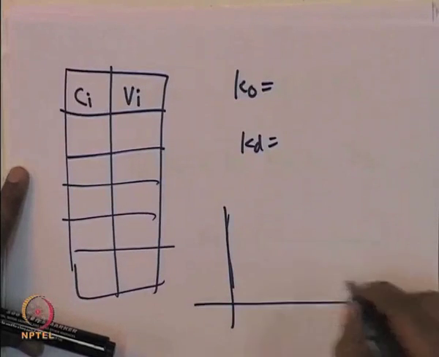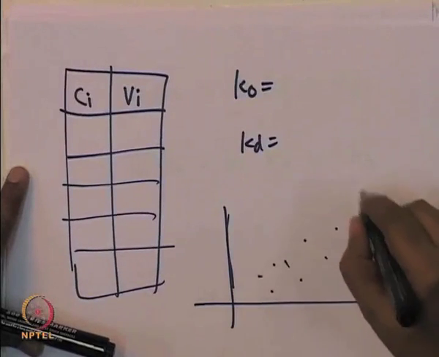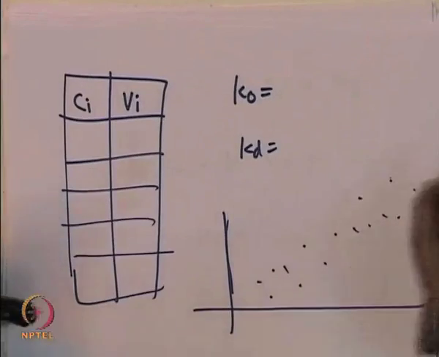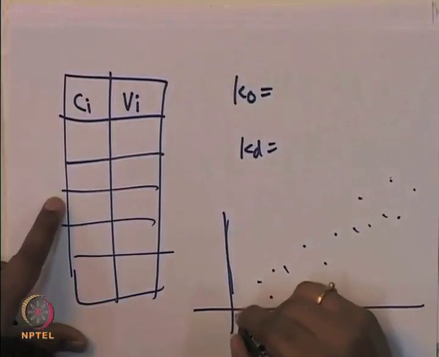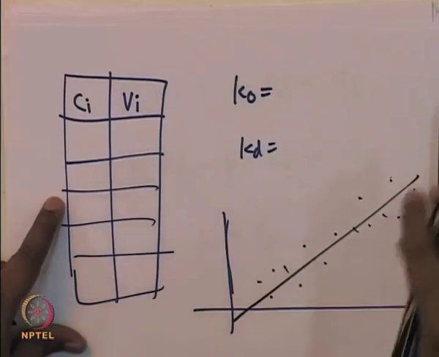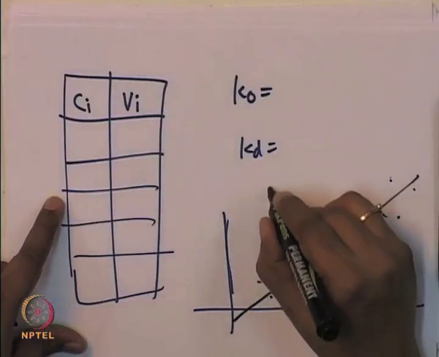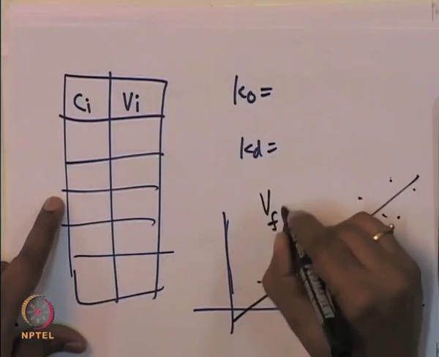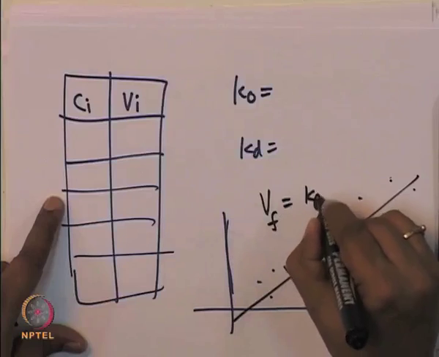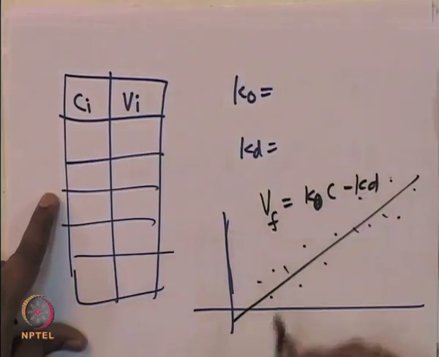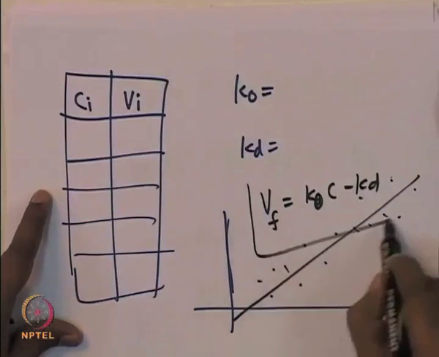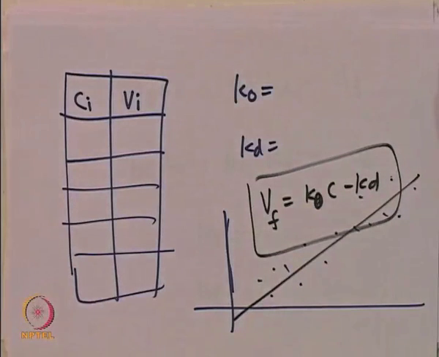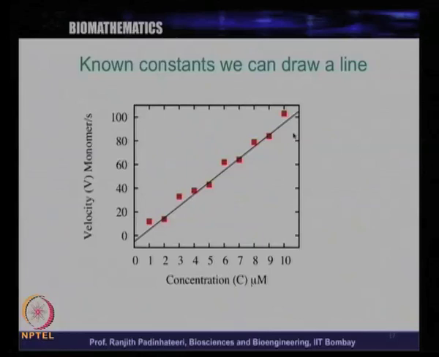And if you know this experimental data, we can plot the curve that fits best, V fit is equal to K0 C minus Kd. You can find a straight line which will fit in the best way.